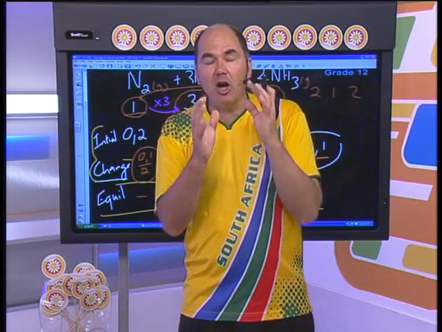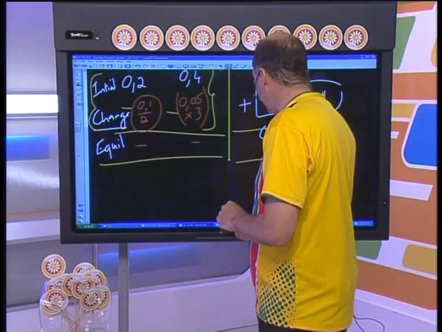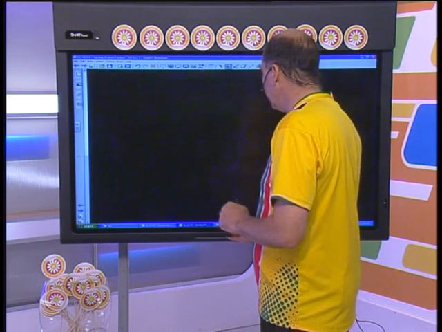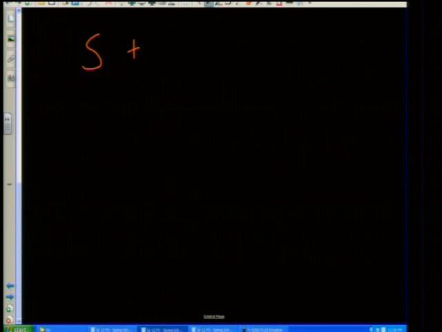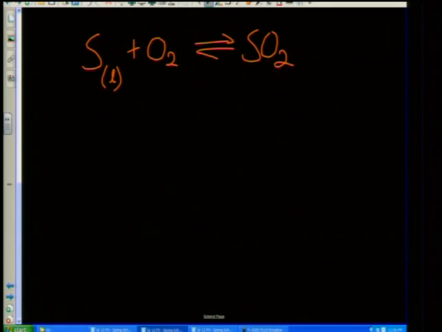When things are not gases, then you might have to change the equilibrium expression. So for example, if I had sulfur plus oxygen in a chemical equilibrium to give me SO2, and I say that that's a liquid, that's a gas, and that's a gas, then this one is not considered.